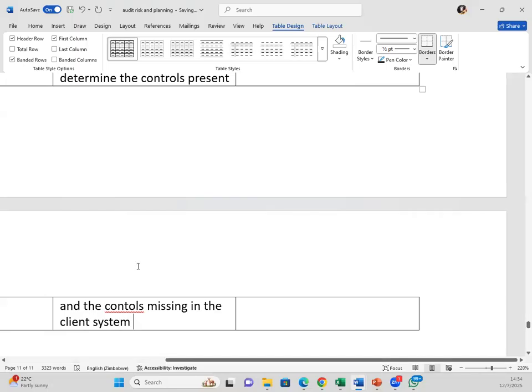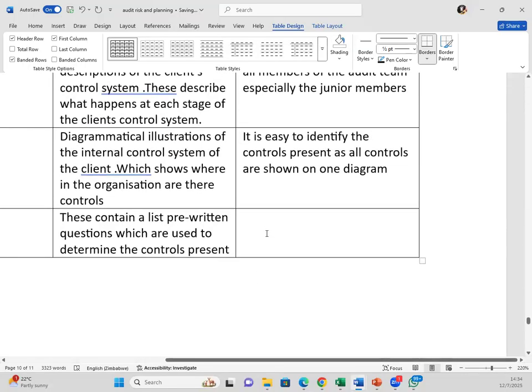So we have questions that we write so that we go and ask the client that we're going to be auditing. Do you have a guard? Do you have qualified employees? So we are asking them questions in which their answers are going to determine whether the organization has enough controls in place.